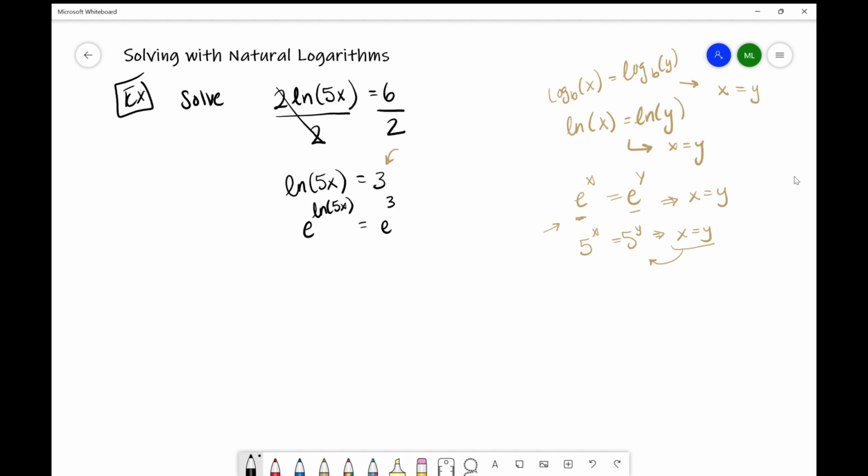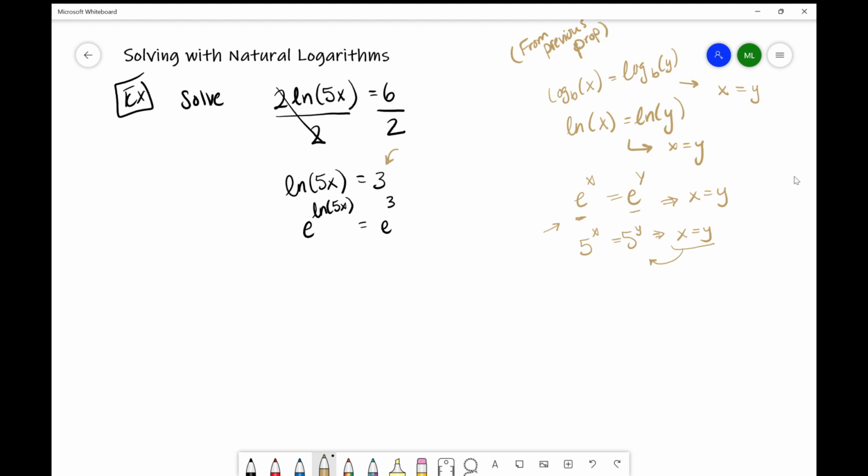The reason why I have base e on both sides, let's go off on another tangent, is that you can work backwards with your properties of logs and properties of equalities for exponential functions. This is from previous properties.